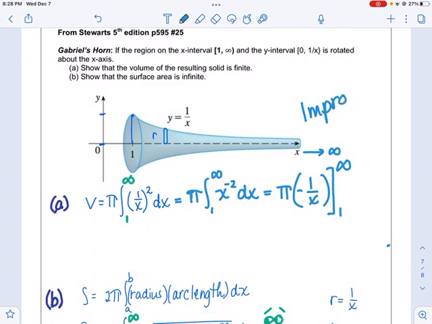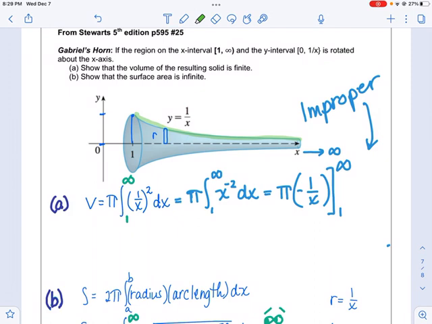You have improper fractions; this is an improper integral. So I can't have infinity. If you remember the fundamental theorem of calculus, a and b have to be finite values, and it's not. The graph is continuous on the interval from 1 to infinity. You see as it goes out, you have this edge that continues to get closer and closer to the x-axis.